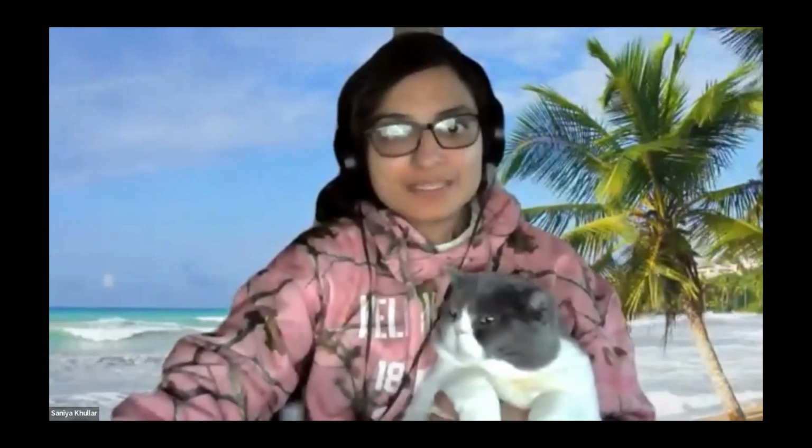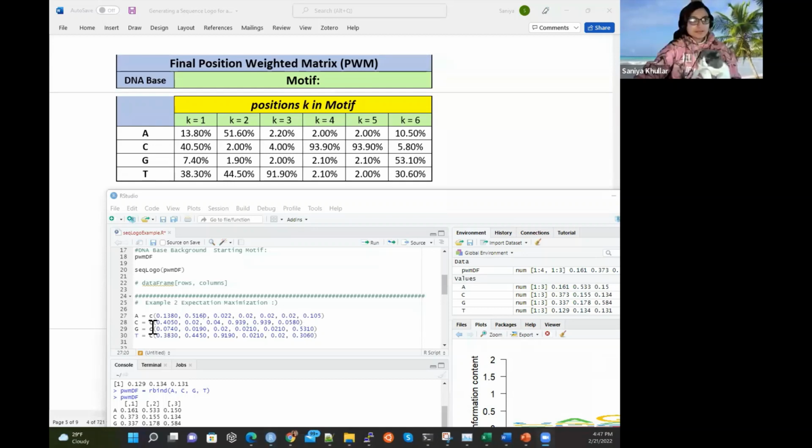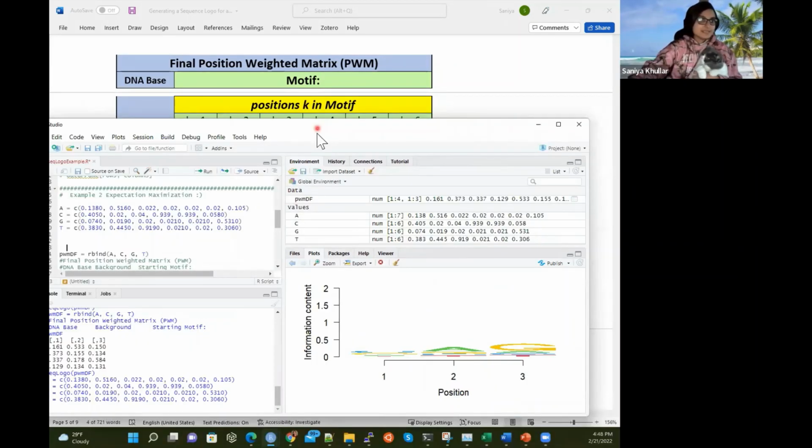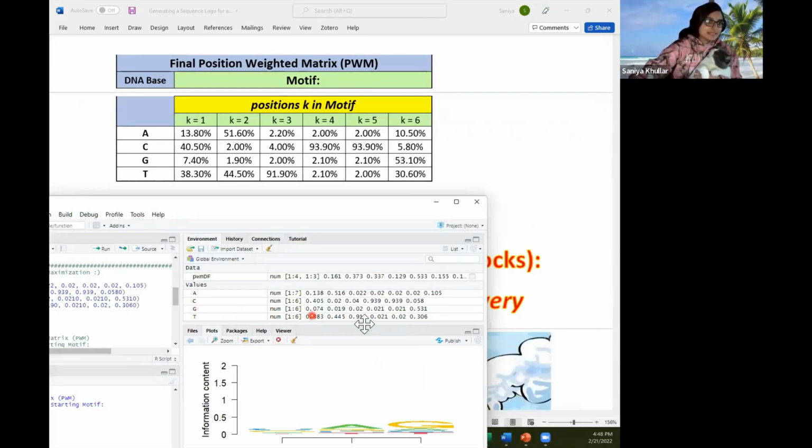We were looking at a motif width of 3 before, now we're looking at 6, and we're putting this into R. Again, this is A, mapping exactly as it should to the first row of this position weight matrix: 13.8%, 51.6, 2.2%, 2%, 2%, 2%, and 10.5%, for instance. So let me just read them all in. You can see here that as expected, the A, C, G, T values map to these values now.